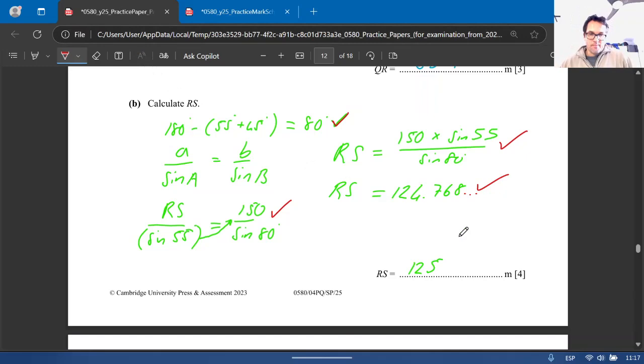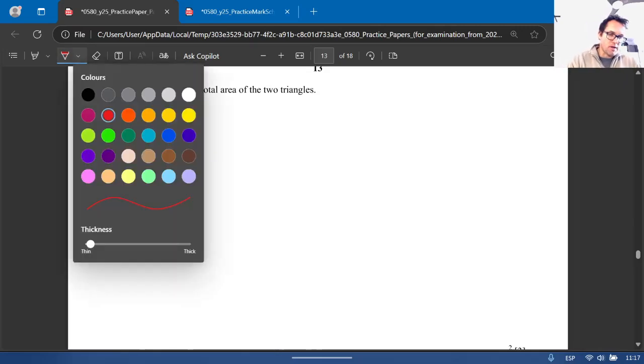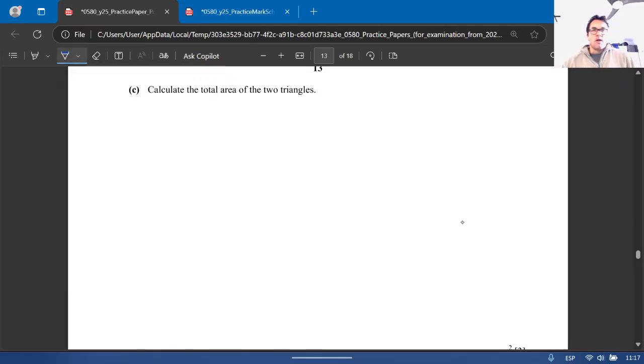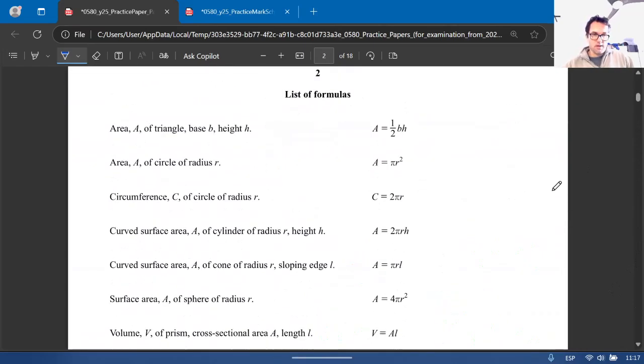Good. The total area of the two triangles. Area of a triangle, we know, is based on half base times perpendicular height. There it is, they give us the area of a triangle, the first formula on the formula sheet.